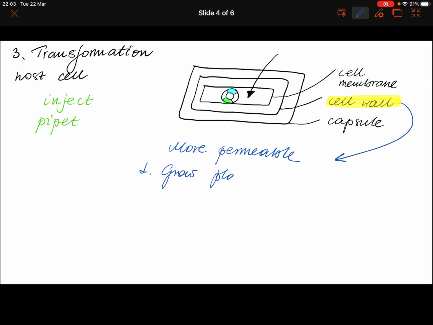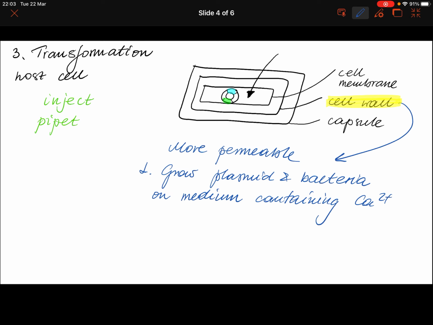Process number one, I need to grow this plasmid and bacteria on medium containing calcium ions. And the final process, I need to increase temperature.